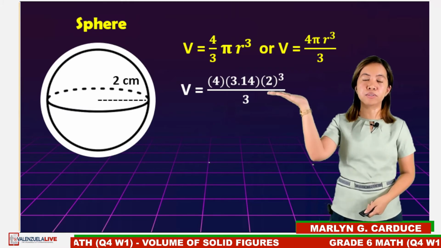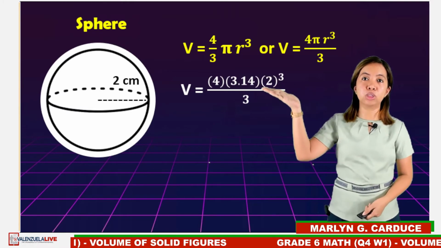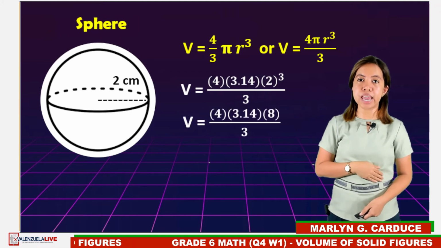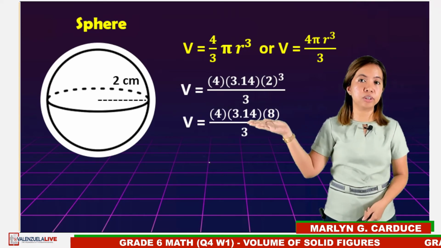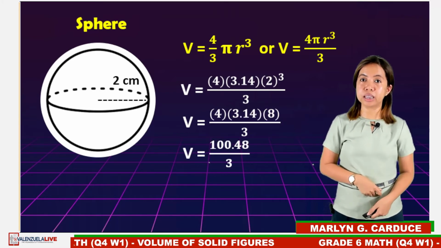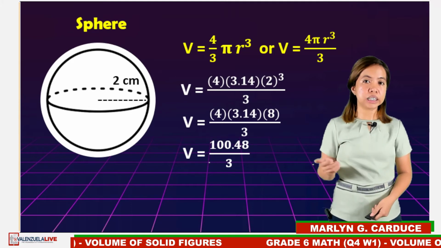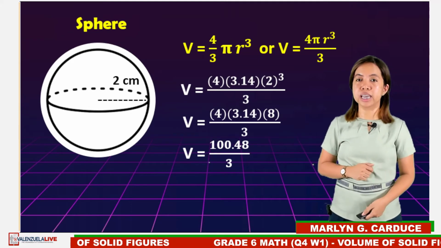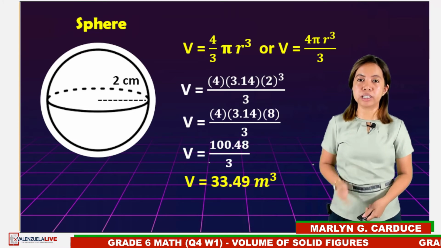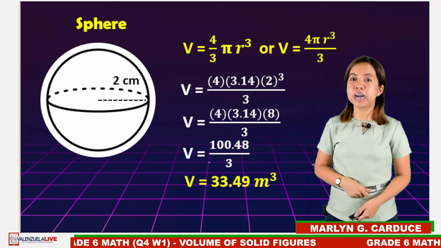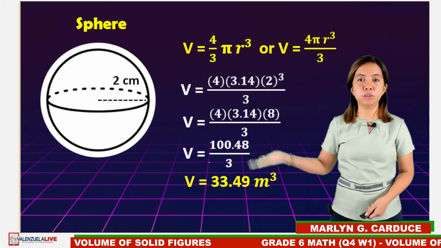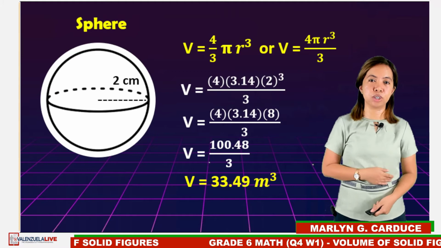So let's express first the exponent. So 2 cubed will become 8. Then multiply it by 3.14 and 4. So 4 times 3.14 times 8. Then the product is 100.48. Divided by 3. So the final answer now is 33.49 cubic centimeters. So this is now the volume of the given solid figure.